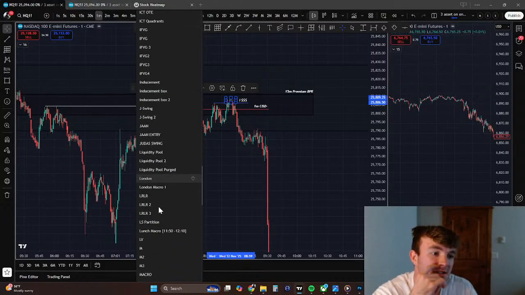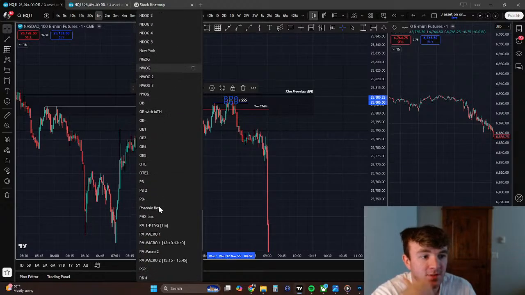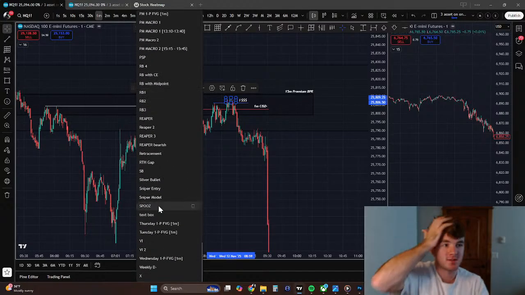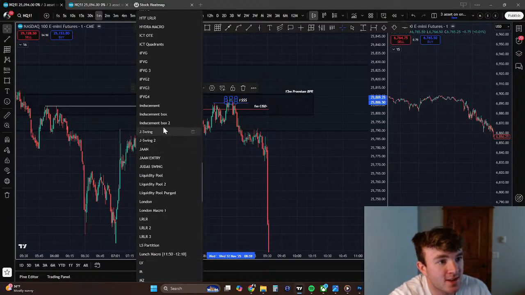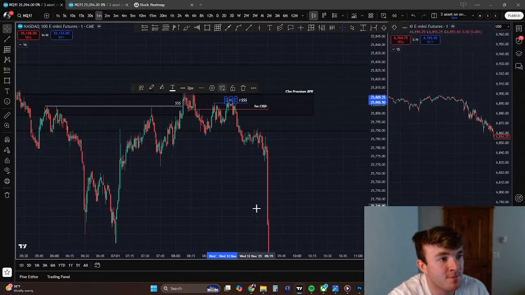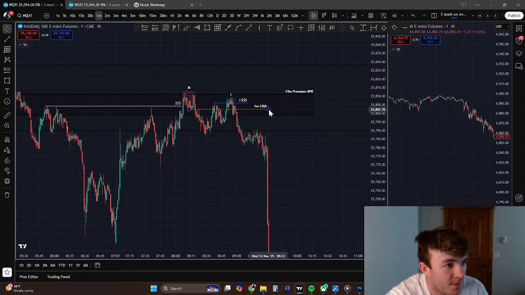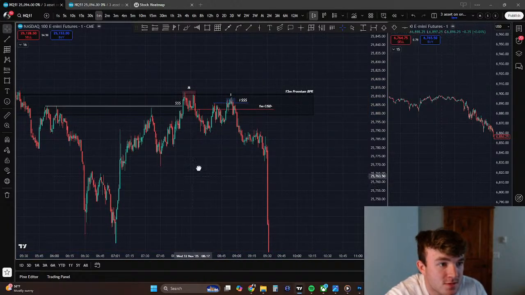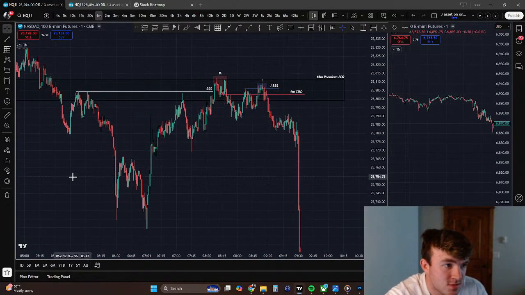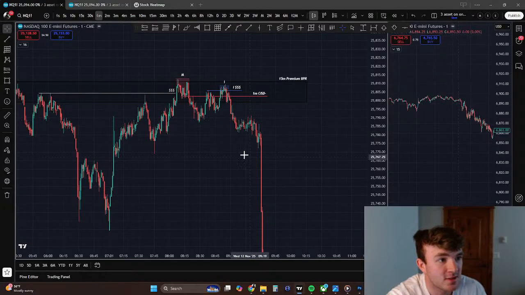But the key was to understand the draw on liquidity. I don't like taking these trades though because if you're wrong, you're gonna get wrecked. So you just have to use this to mark out a model for bias. That's what I would do. So I guess what we could do, I have an idea of how you could take a trade within this. I'll show you guys.